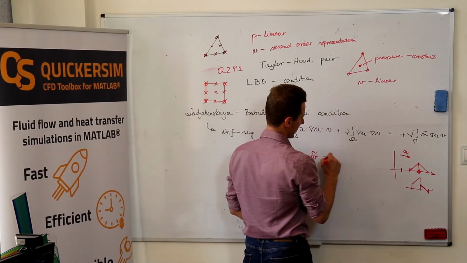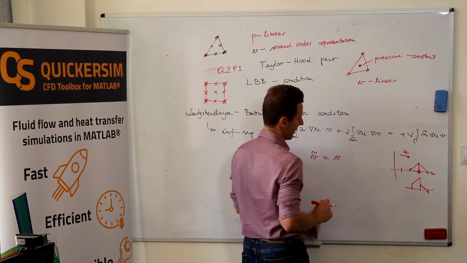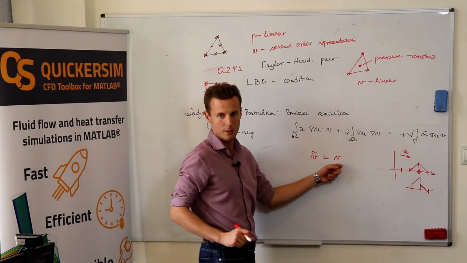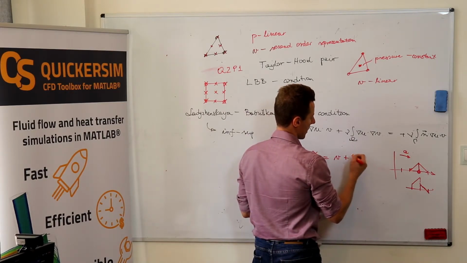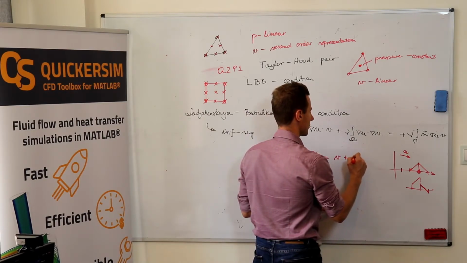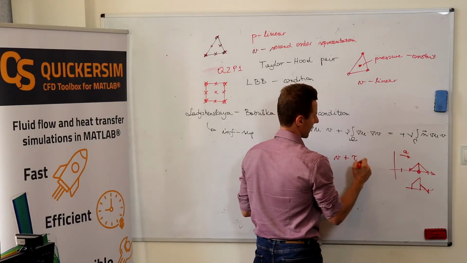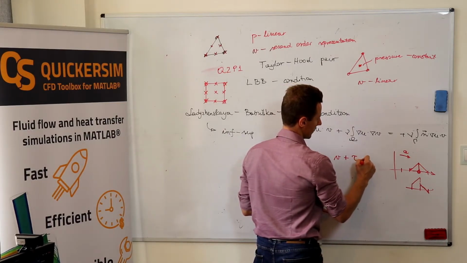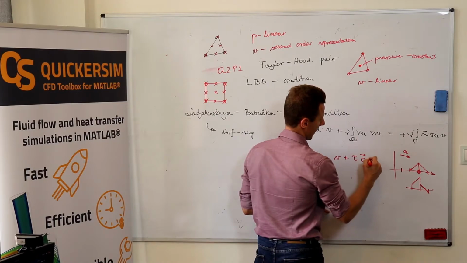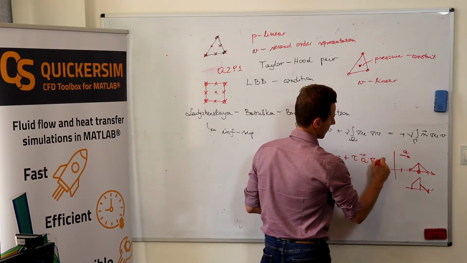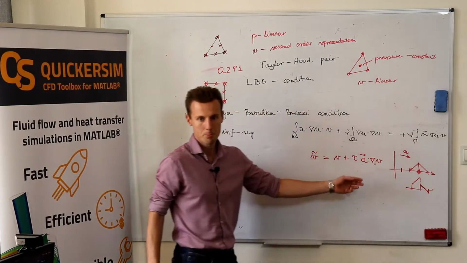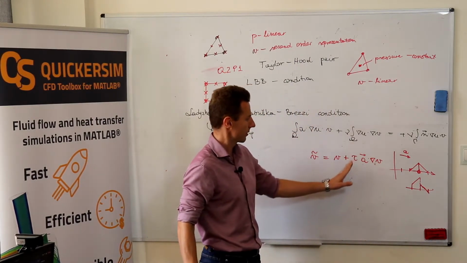How do we modify them? Let's take the original functions, and we add some coefficient tau times A times the gradient of V. Now, let's have a look at that.